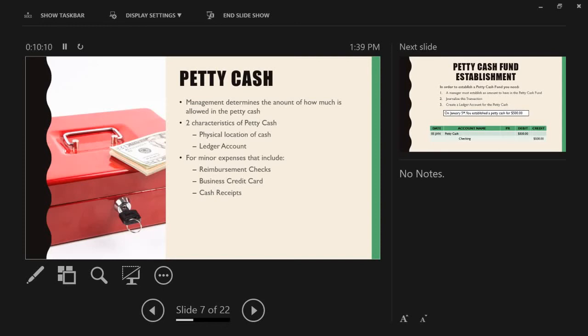Okay? And then same thing with cash receipts. If he were to purchase something with cash and bring it back, he would have to have for sure the receipt and the actual exact change in order for me to validate that spending. So those borderline fall under the same category as petty cash.